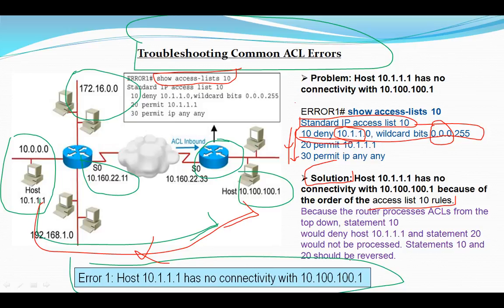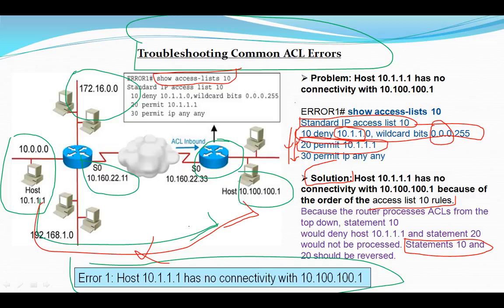Statement 10 and 20 should be reversed. If we want this communication to happen, then we will have to reverse it. This statement 20 will not work here. So this is how we can rectify the problem in this scenario. If you change this 20 in place of 10, this communication will happen.